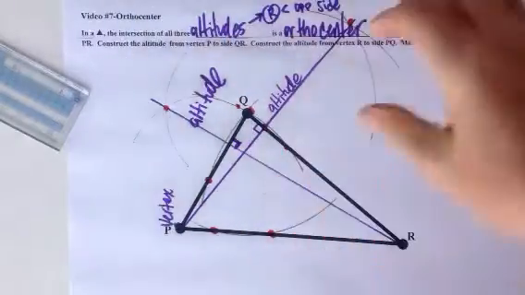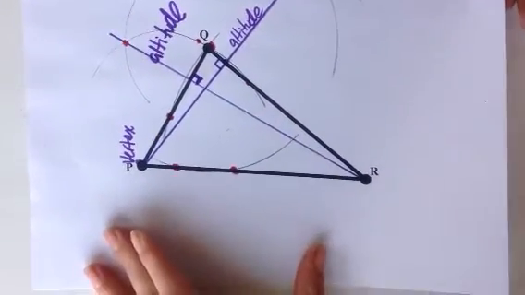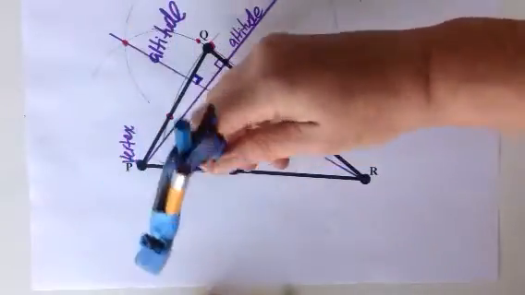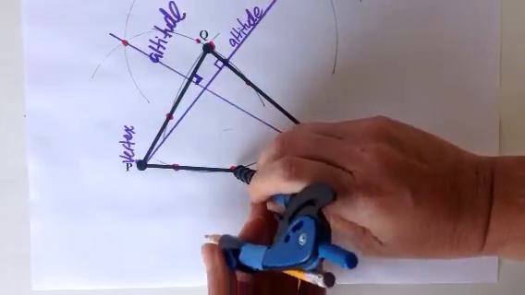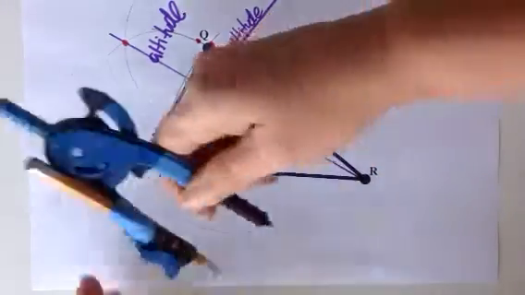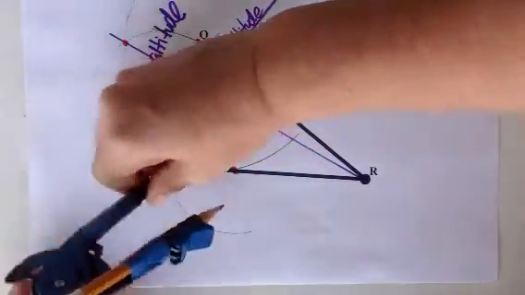Now, so I don't fly off the page here. Do you see if we do that, we're going to be flying off the page. So from one point of intersection, I'm going to choke it up a bit. And I'm going to sweep. Keep the same distance there.